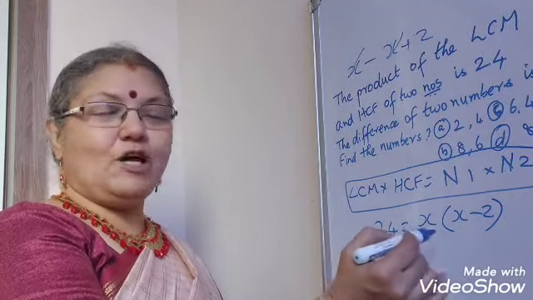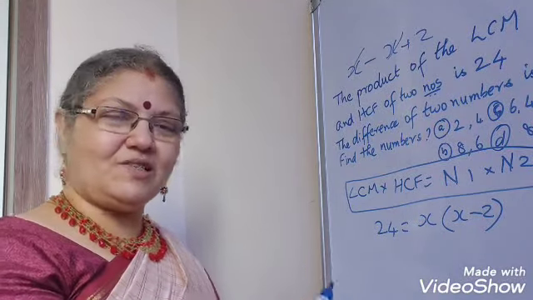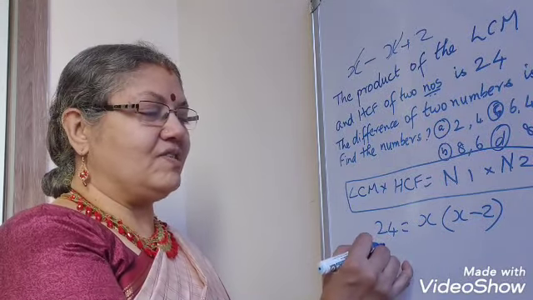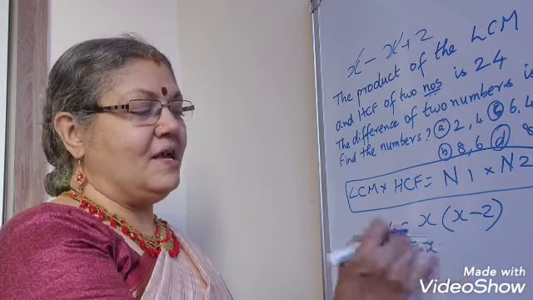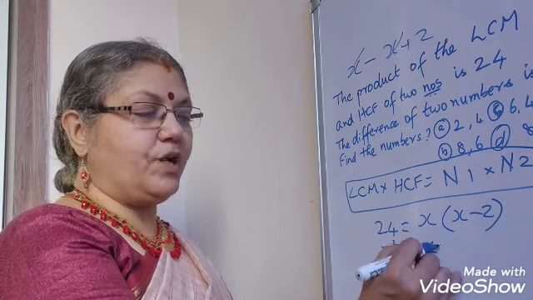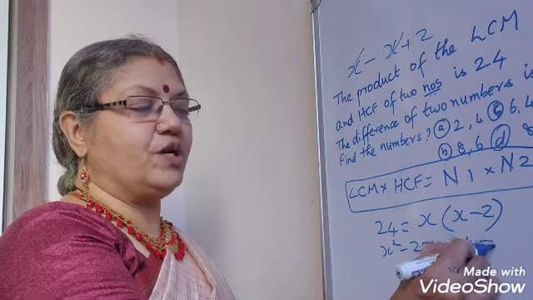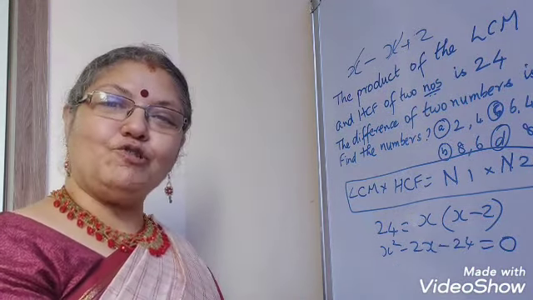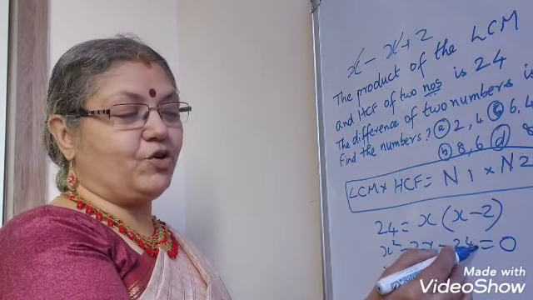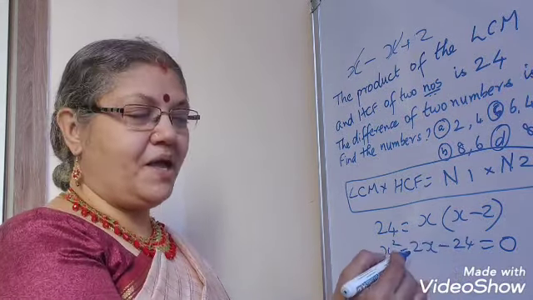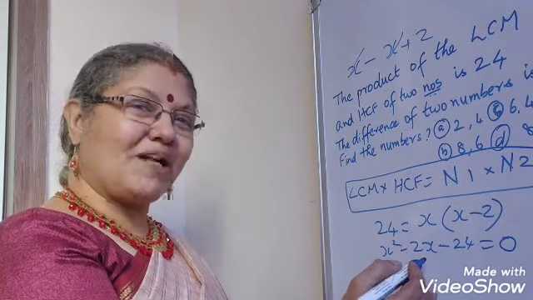Now let's open up this particular equation. It's a simple equation. You will have x square minus 2x, which is equal to 24. I'm bringing 24 to the left hand side, so x square minus 2x minus 24 is 0. Remember, the product should be minus 24, but when you add, you should get minus 2x.